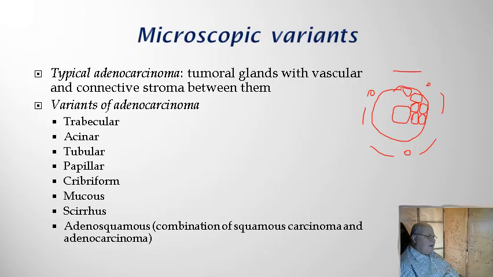For some of these adenocarcinomas, which are well differentiated, I already mentioned that they can still maintain the capacity to produce mucus, so we can still have mucus inside, which will accumulate in large quantity in these tumoral glands. Also, it's possible to have variations from this general structure, like it was the case for adenomas too.